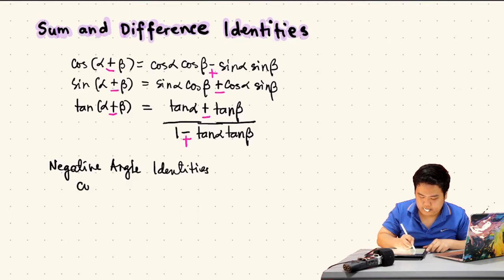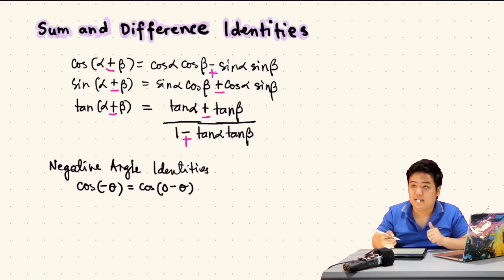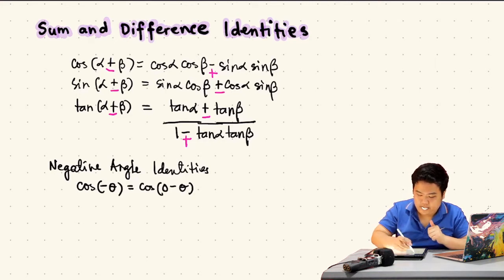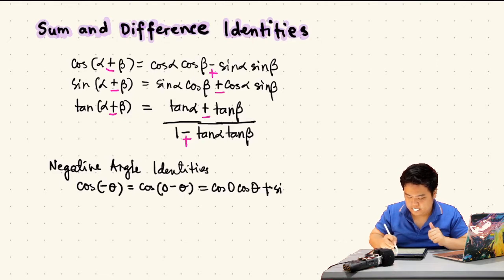So what is cosine negative of theta? Actually, parang pa-shortcut lang to. You can express this one as cosine 0 minus theta, right? And using this one, this is cos plus sin.